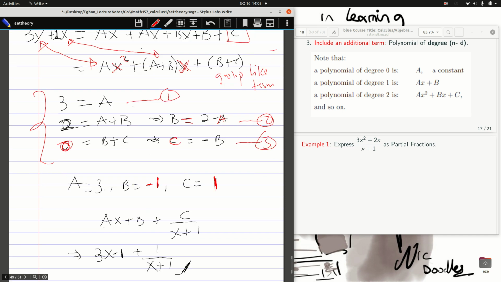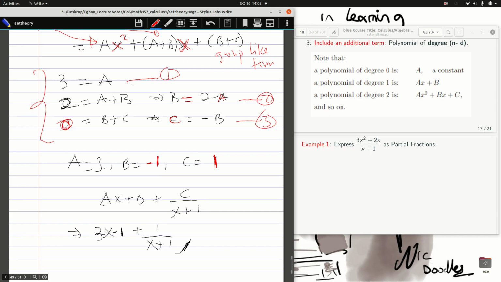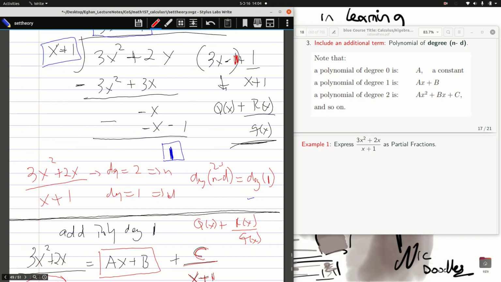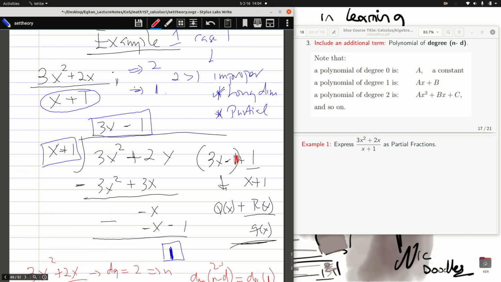So this is how simple it is. Don't forget we wrote it as the added polynomial and then the partial form. So a is 3, b is negative 1, c is 1. How different is this answer from the long division approach?